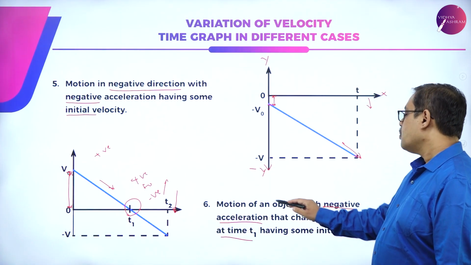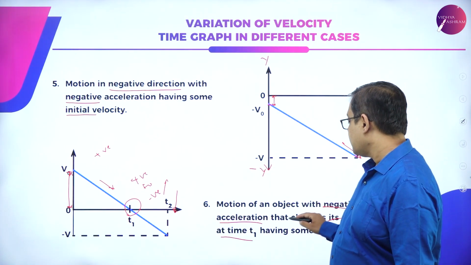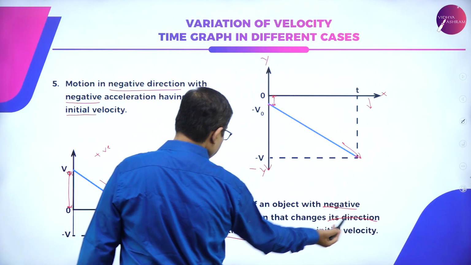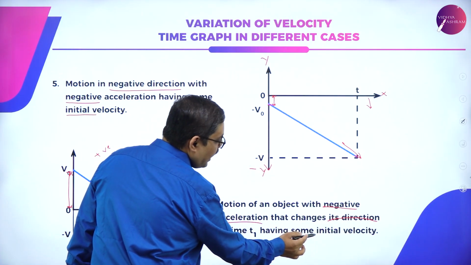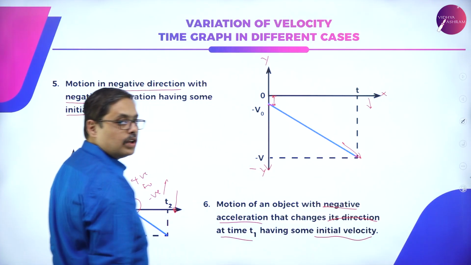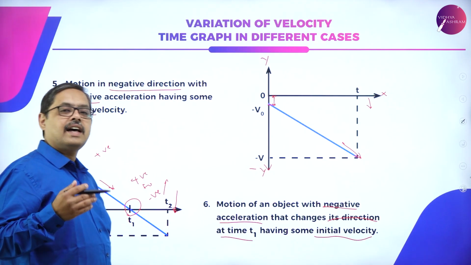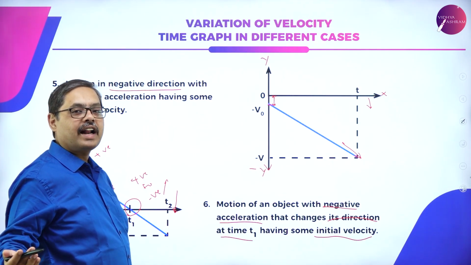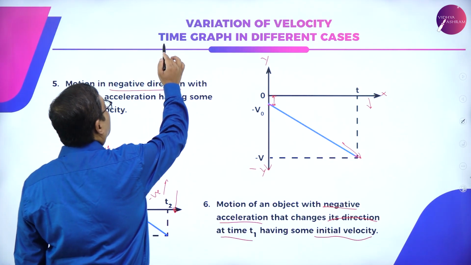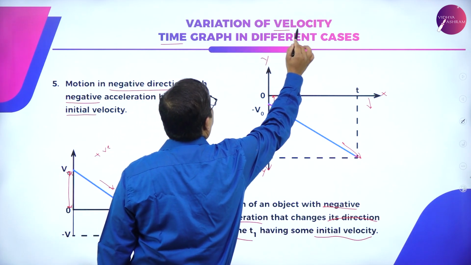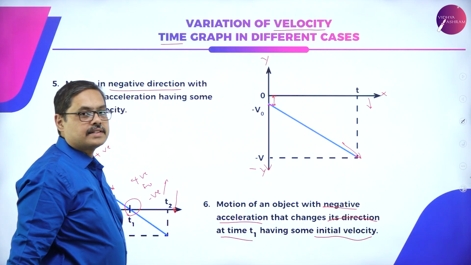So it says motion of an object with negative acceleration that changes its direction at time t1 having some initial velocity. So these are certain different types of graphs that you can plot whenever the variation of velocity with respect to time can be considered.